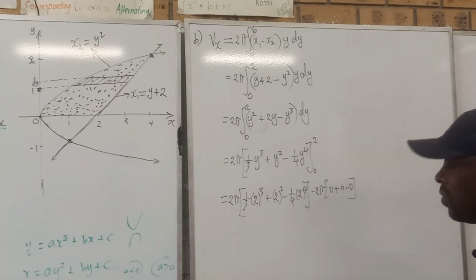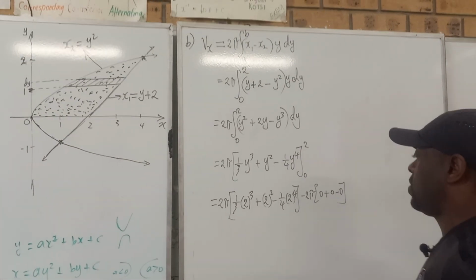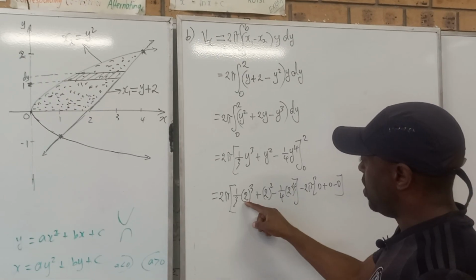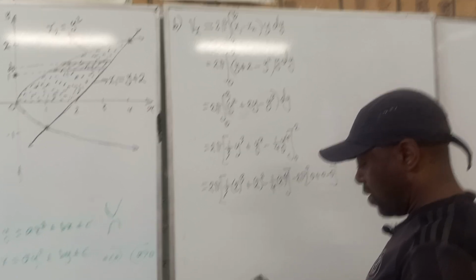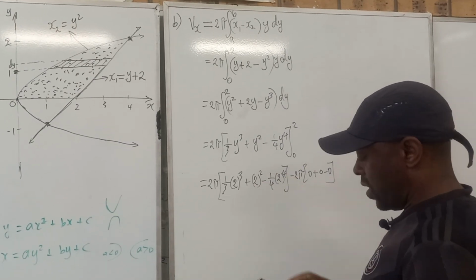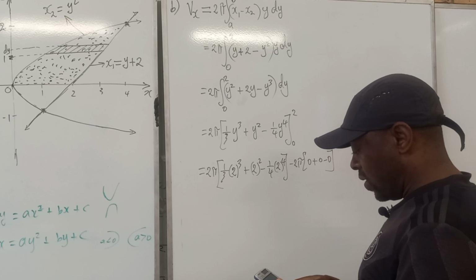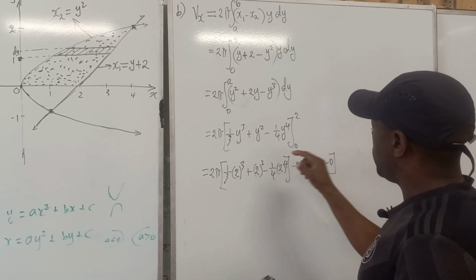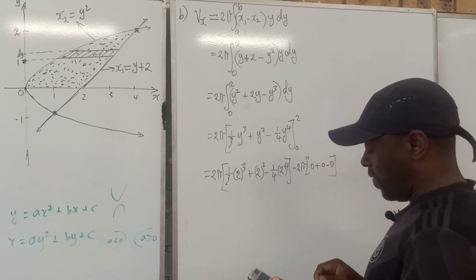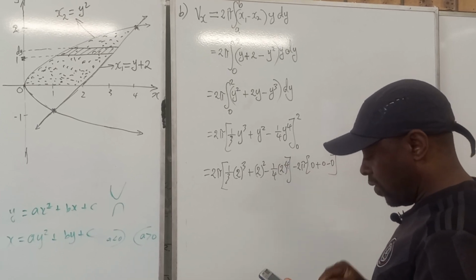So I will then use my calculator to do the calculations there. 2 cubed, you are 8. Times 1/3, that gives me 8/3. Then 2 squared, you are 4, so I'm adding 4 to that. Then minus 2 to the power 4, you are 16. 16/4, it's a 4, so it's minus 4.